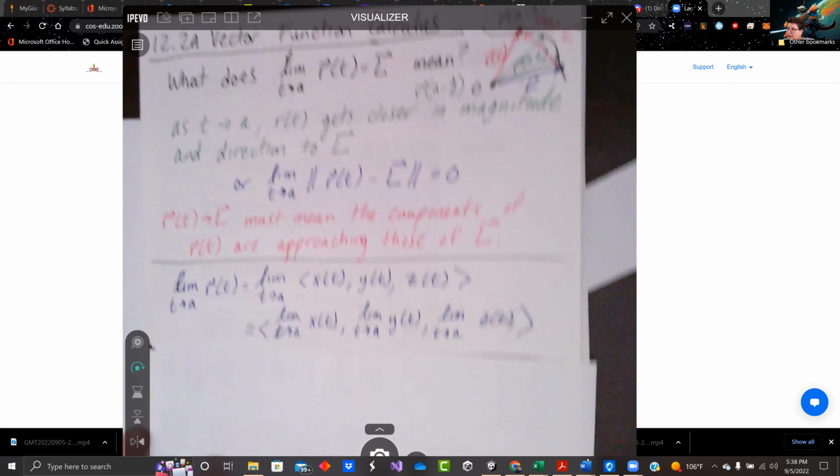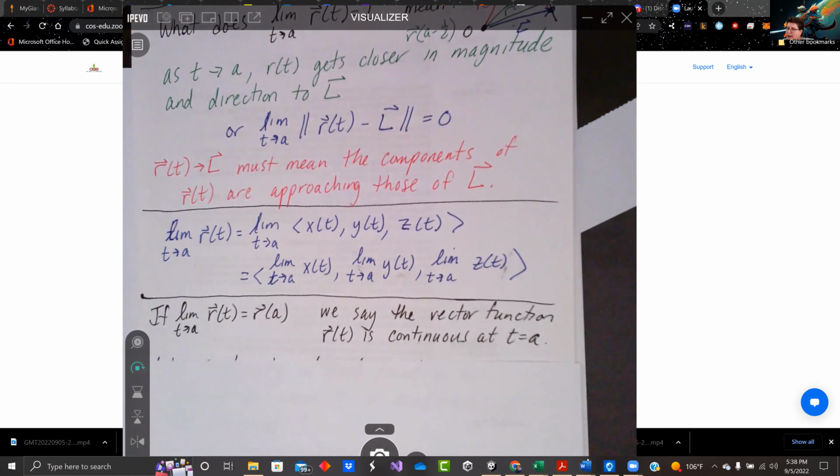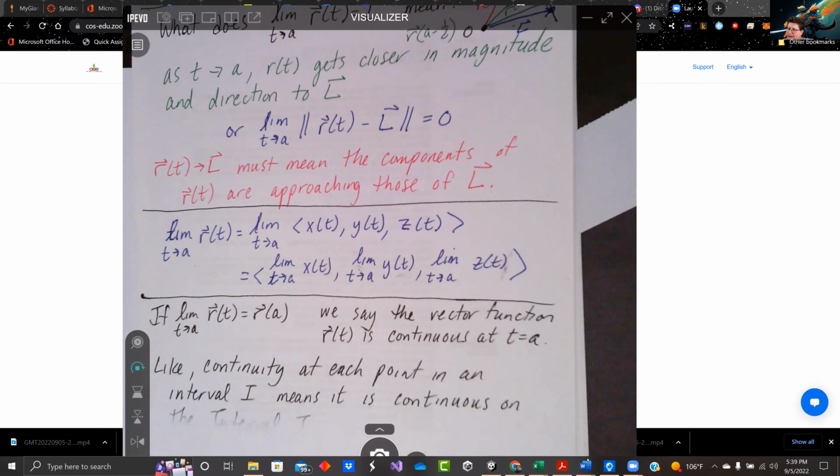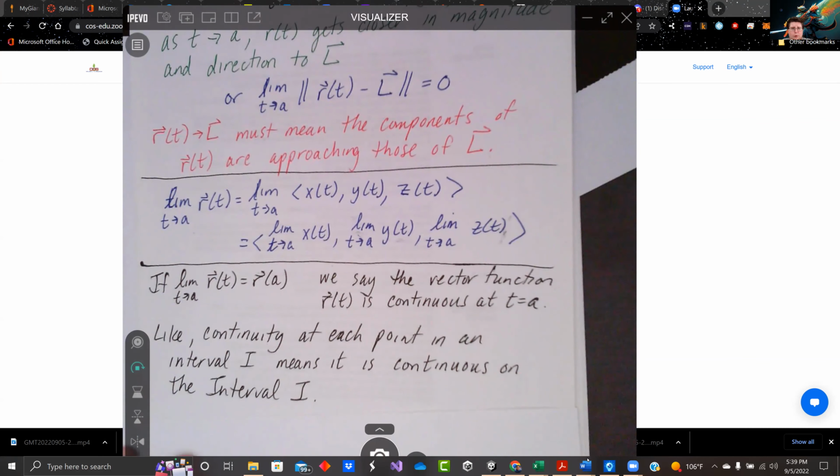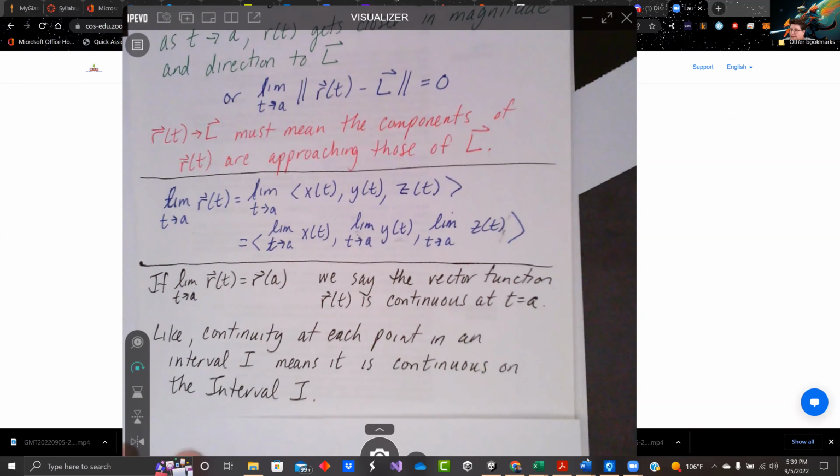If the limit as t approaches a of r of t equals r evaluated at a, we say the vector function r of t is continuous at t equals a. And we can scale that up to an interval. Continuity at every point on an interval means r is continuous on I.